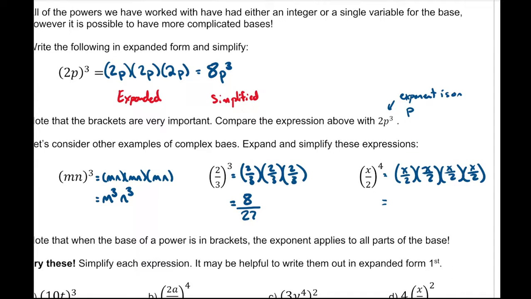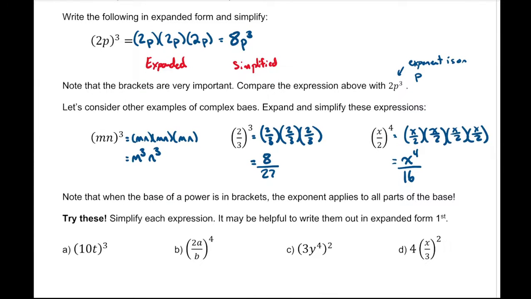X times x times x times x, 4 x's all together, so I can say x to the power of 4. For the bottom, 2 times 2 times 2 times 2, or 4 2's all multiplied together, gives me 16. So this simplifies to x to the power of 4 over 16.